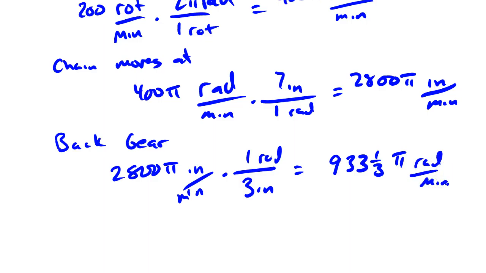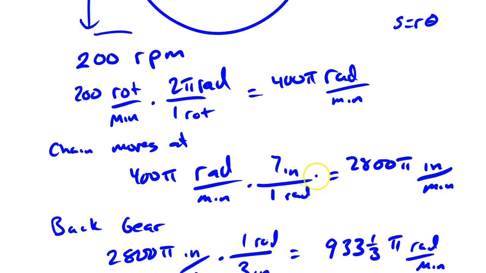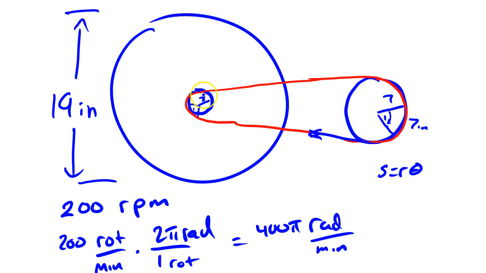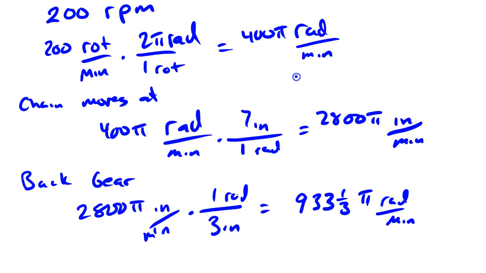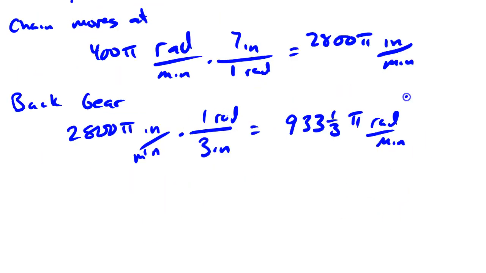The back gear is connected to the back wheel, so however many radians the gear turns through, the whole wheel turns through the same amount. So with the angular speed of the gear being this many radians per minute, that's actually the angular speed of the back wheel.